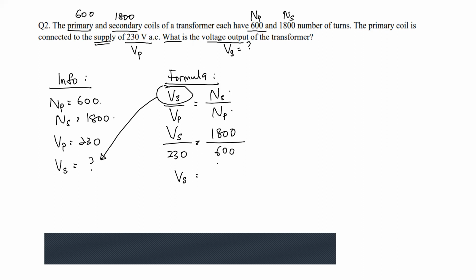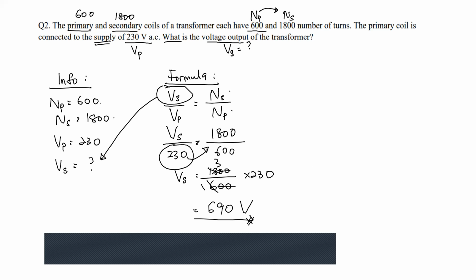So VS equals, cross multiply, 1800 divided by 600 times 230. You can press the calculator or just simplify. So the answer would be 690 volts. From here we also can see the voltage increases from primary to secondary: primary voltage is 230, which increases to 690.